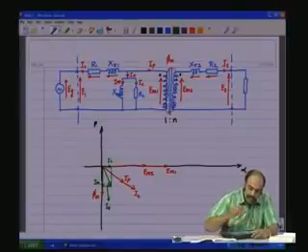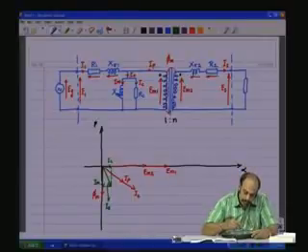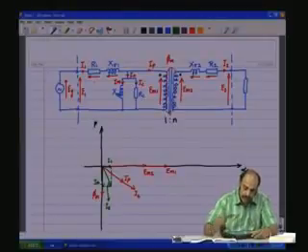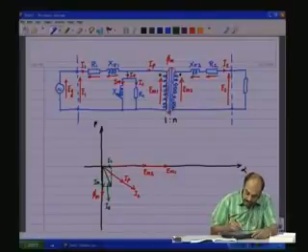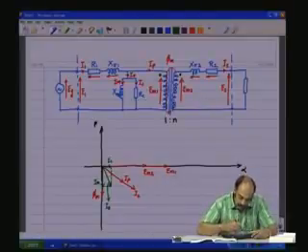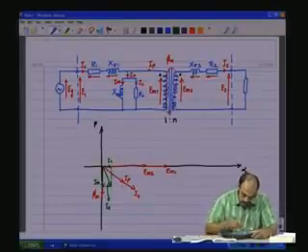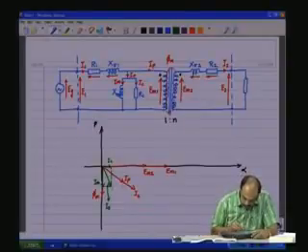Now, the current I 1 is the vectorial sum of I p and I naught. The vectorial sum of I p and I naught will be I 1. So, I p is here. So, let us draw the parallelogram.